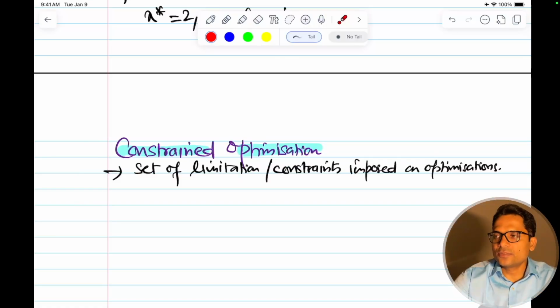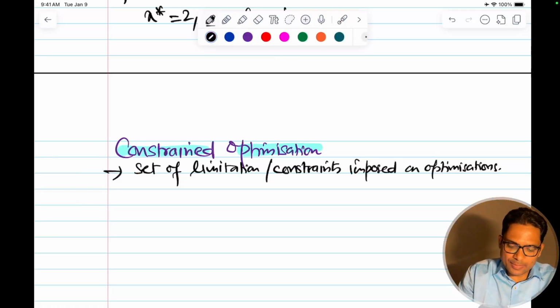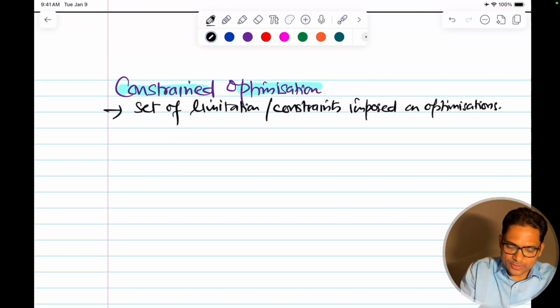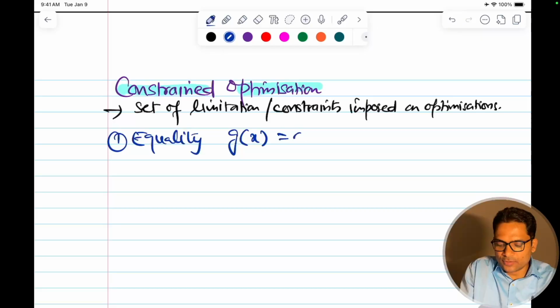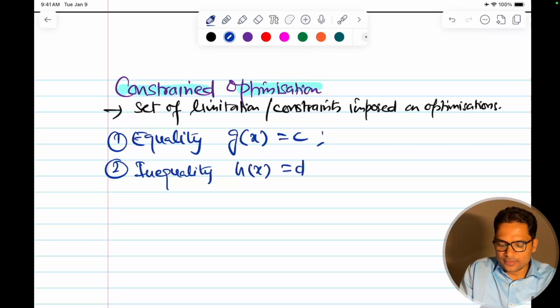Simple. These constraints can be in two forms in the mathematical format. Either the constraints can be of equality, that something should be equal to something. Say for example, a function g of x is equal to c, and given this constraint, I have to minimize f(x). Or there can be inequality, like h of x greater than or equal to d, or just greater than d.